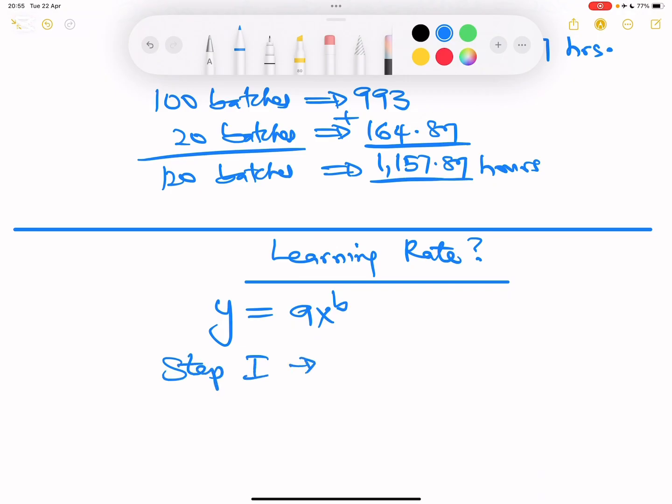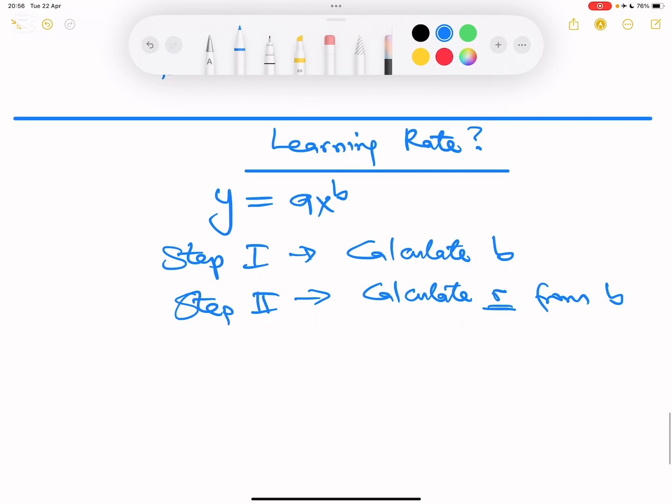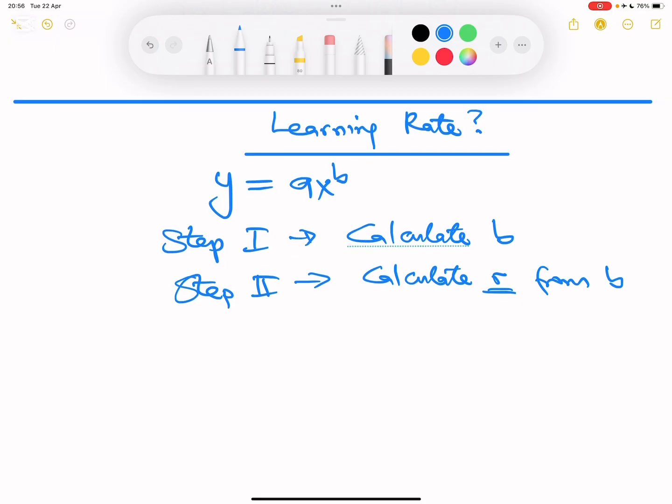Step 1, you need to calculate b. Then step 2, you can calculate r from b, because once you know b, r is easy. So let's use an example to solve this.